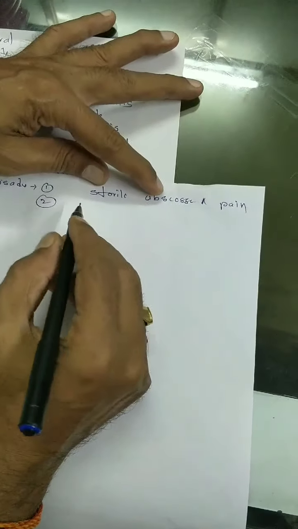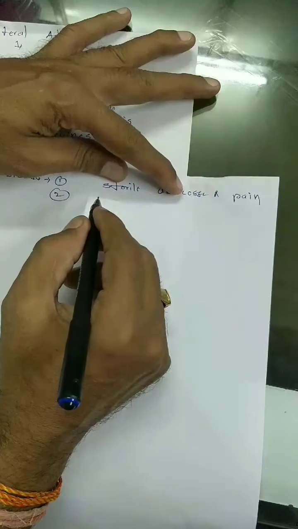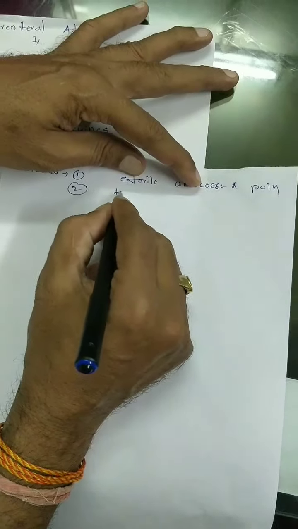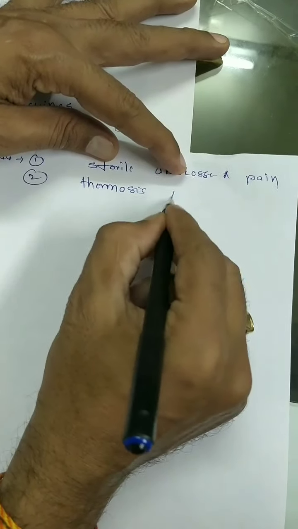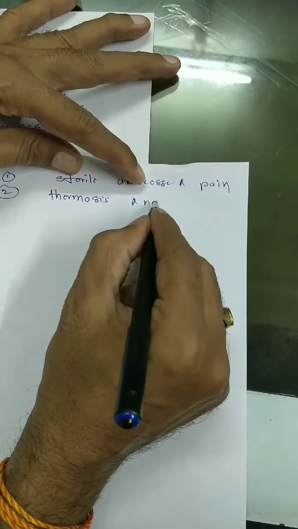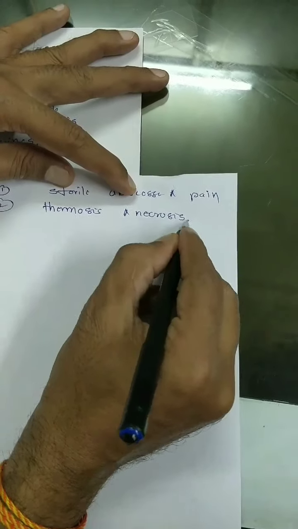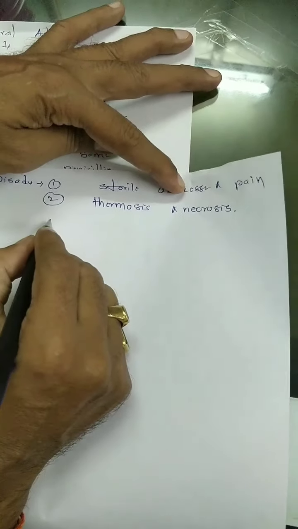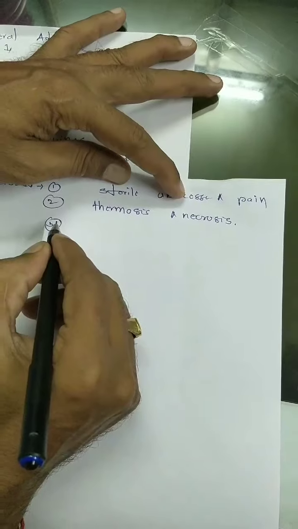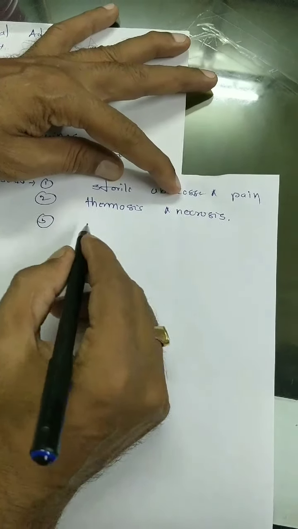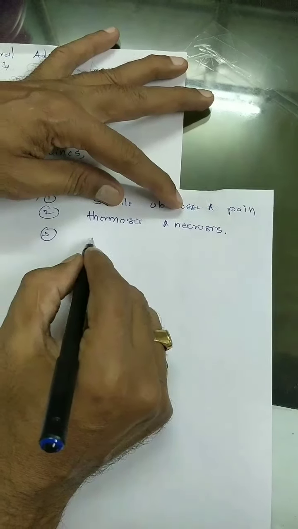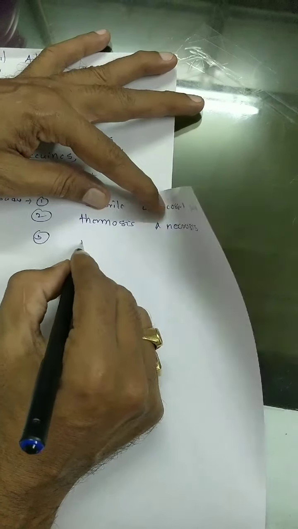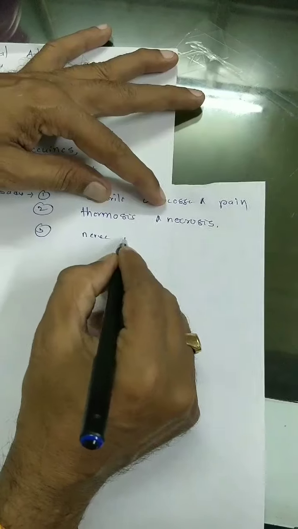The next disadvantage is that it can cause thrombosis and necrosis. Cells die because of the thrombosis and necrosis. And the last, nerve injuries occur. Sometimes when an injection is given intramuscularly, nerve injury occurs.